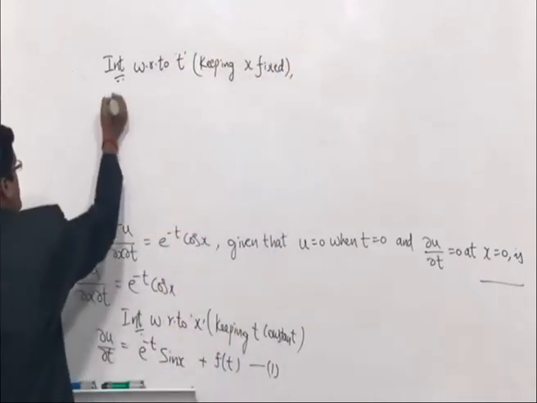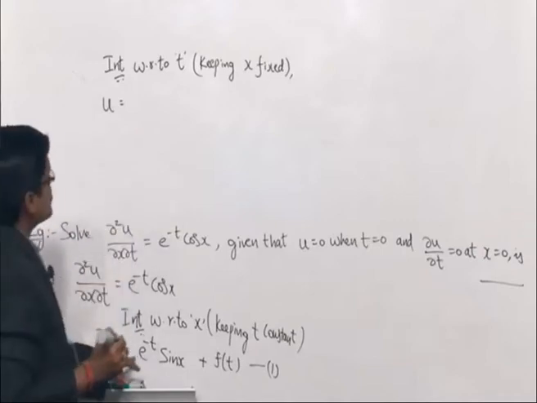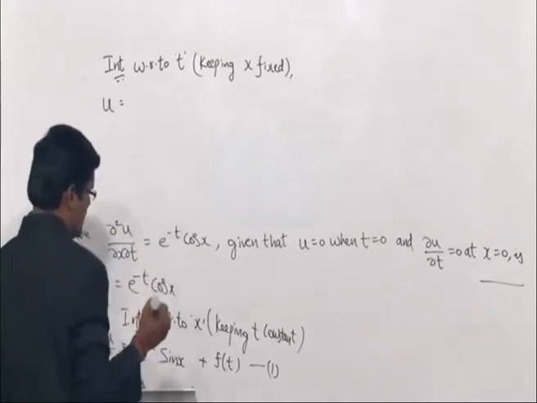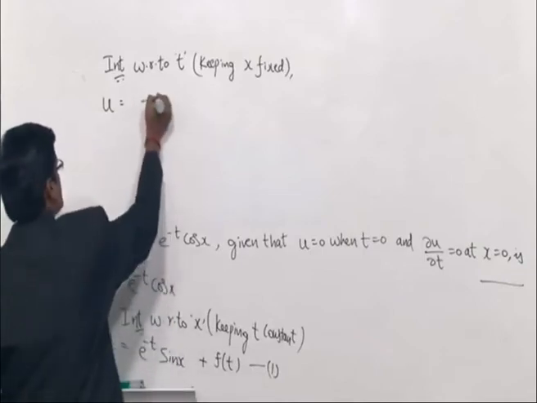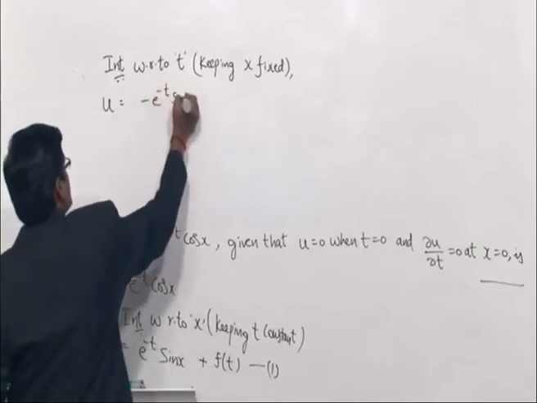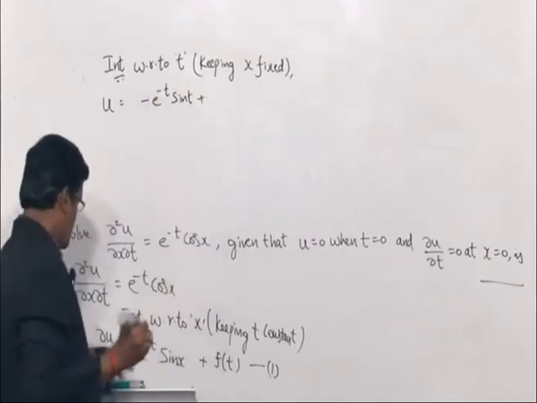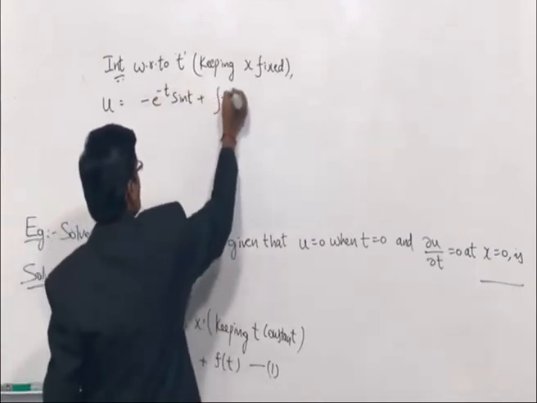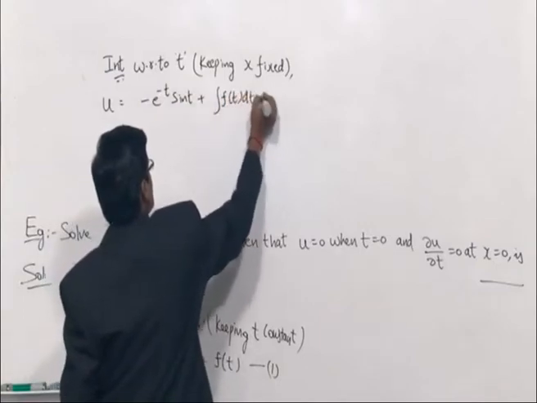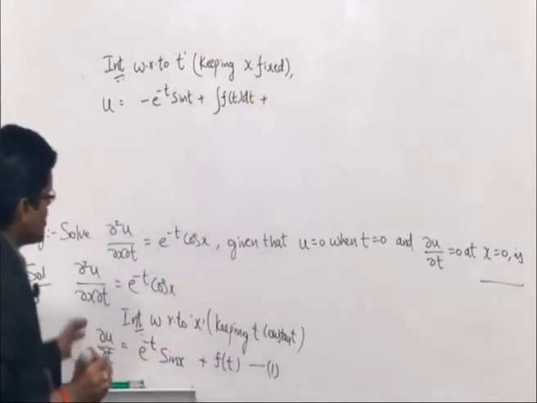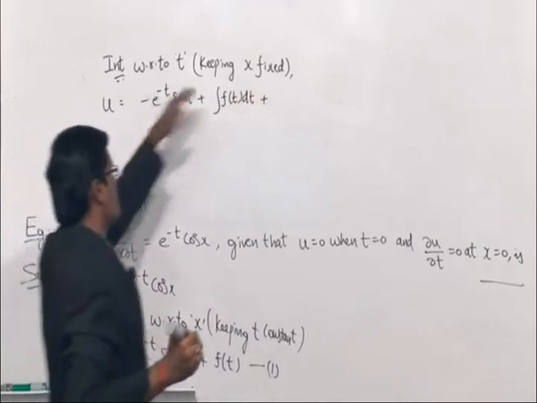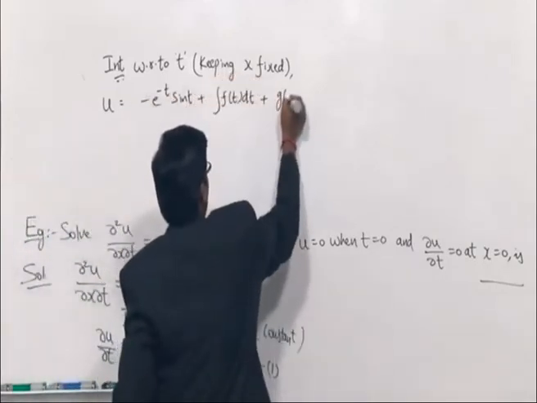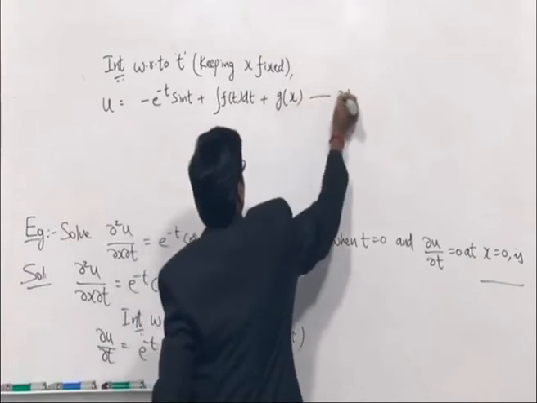Which gives u equal to sin x, constant because it is multiplying, times the integral of e^(-t), which is -e^(-t), plus the integral of f of t dt, whose value we don't know, plus after integration we have to add a constant. Here x is fixed, so add some g of x, equation 2.